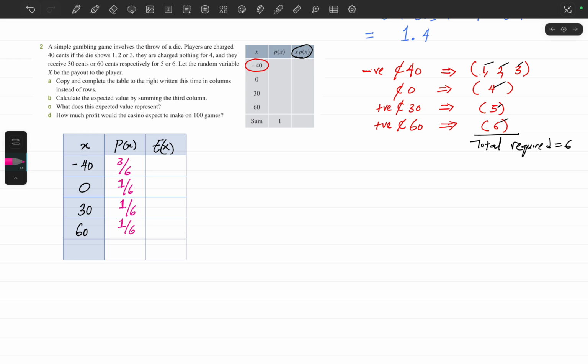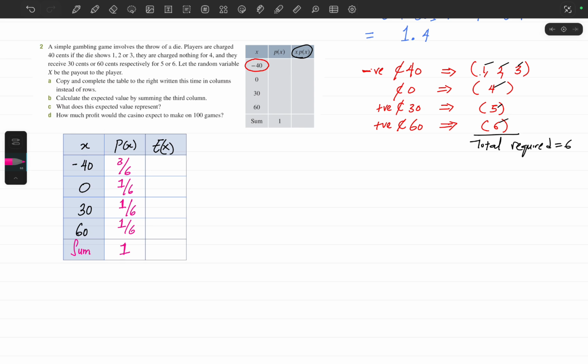But before we bring out the expected value, we can go ahead and sum up these values. So if you sum them up, 3 over 6 plus 1, that's 3 plus 1 plus 1 plus 1, that will definitely give you 6 over 6, which is 1.